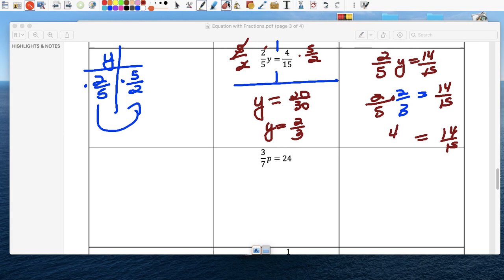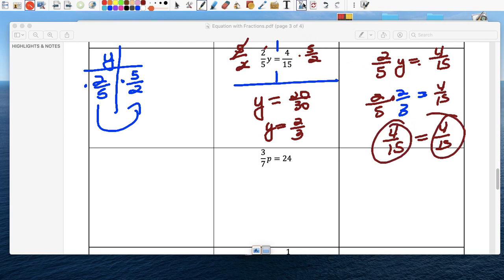Oh, this is not 14, sorry, I copied it wrong. So this should be 4/15. 4/15. So 2 times 2 on the top is 4, and then 5 times 3 at the bottom is 15. So left side equals right side.